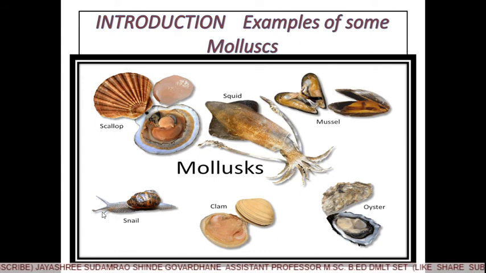Eyes, tentacles, osphradium and statocysts are the sense organs. When we go through the chapter, we'll study these systems in detail. The sexes are usually separate, that is dioecious, but some are hermaphrodite, that is monoecious, and a few protandric. Fertilization is external or internal, mostly oviparous, a few viviparous.